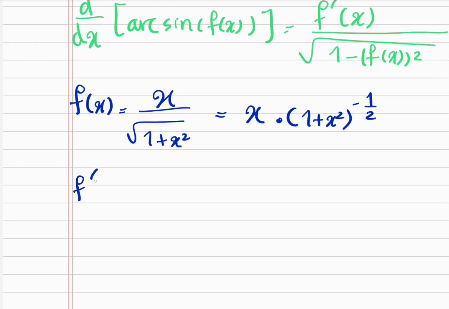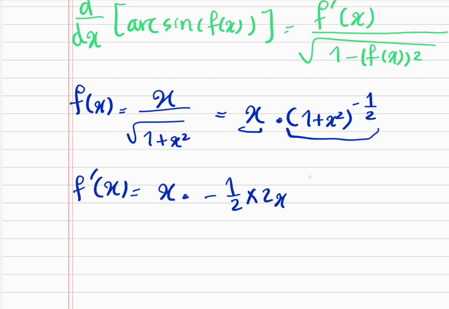In order to find the first derivative, I'm going to write down the first function times the derivative of the second function. So this is the first function, this is the second function. The derivative of this bracket is, first of all, the power comes down because it's the chain rule, and then the derivative of the inside is 2x, and the whole thing, this coefficient times the function itself, but with power minus 1.